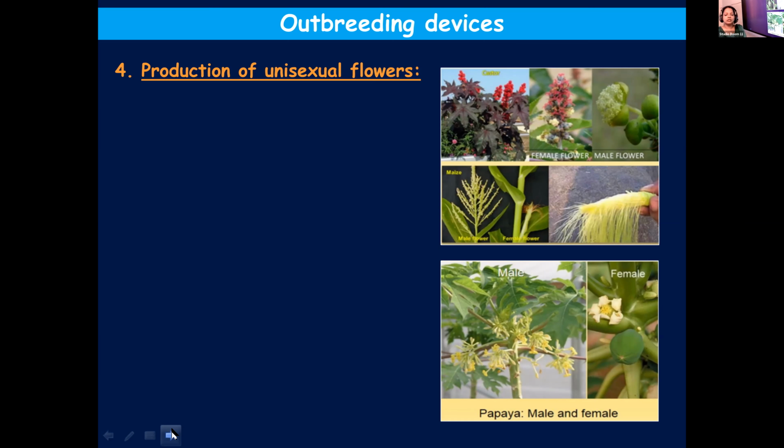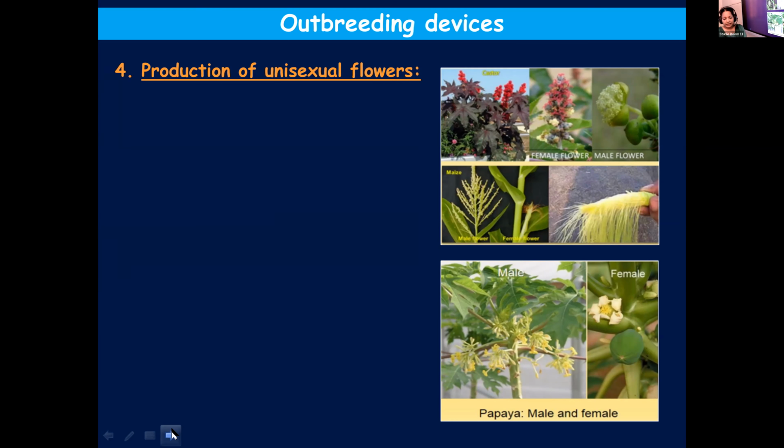So you can call those flowers male and female flowers, or staminate and pistillate flowers. And production of unisexual flowers can take place on the same plant or on different plants. And examples given here are maize, castor, and papaya.